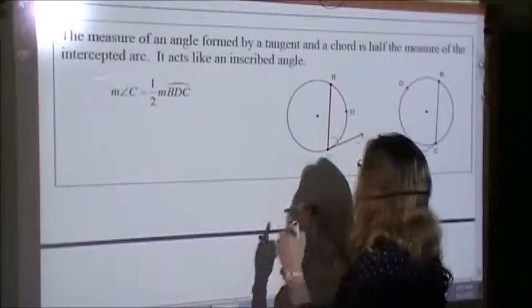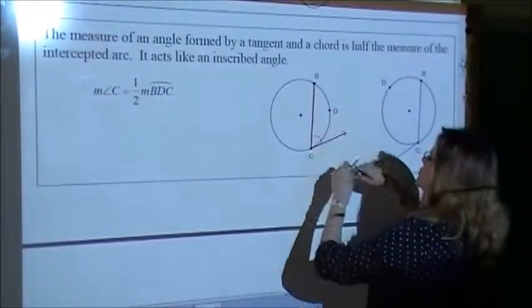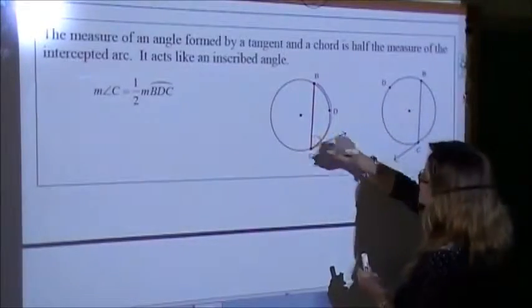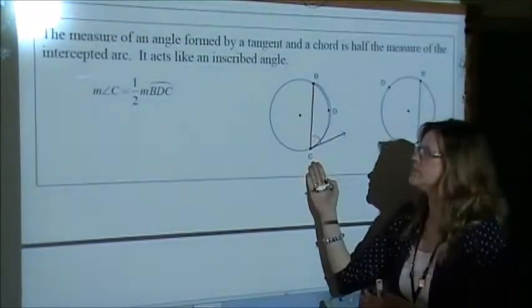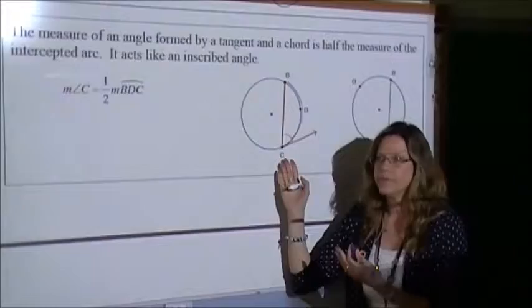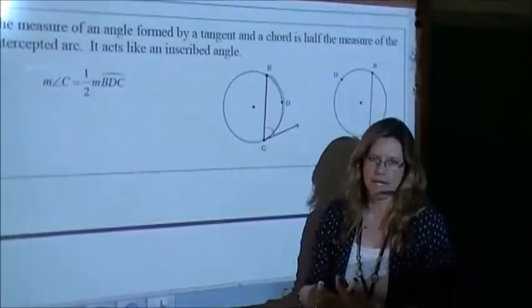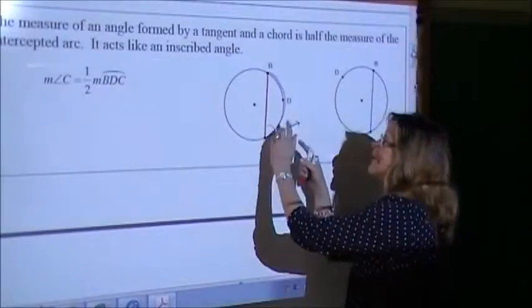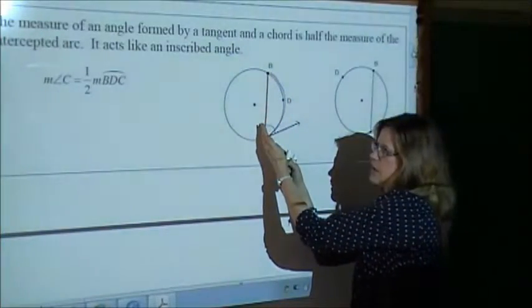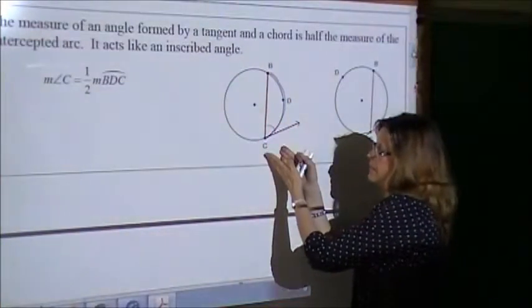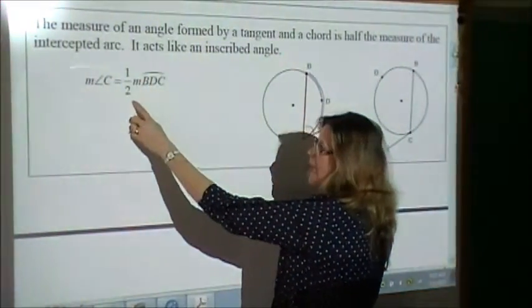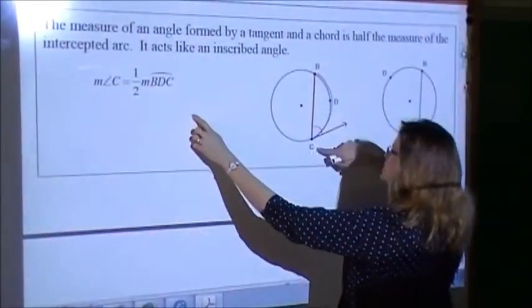So that red angle hits the circle at arc BDC. So that rule should sound familiar. It acts just like an inscribed angle. An inscribed angle, the vertex is on the circle and it's half of its intercepted arc. That's the exact same thing happening here. So here's the rule, the measure of angle C equals half of the measure of arc BDC.